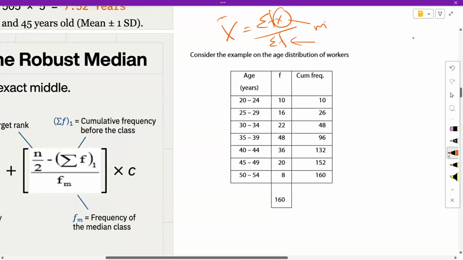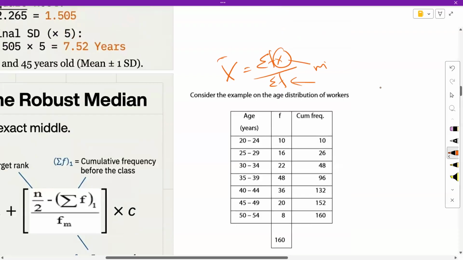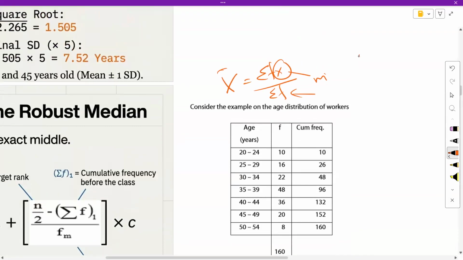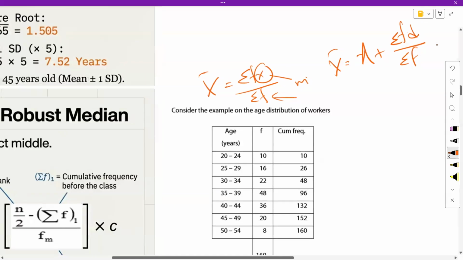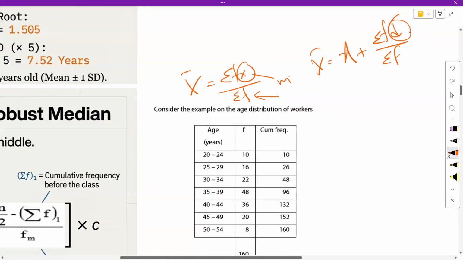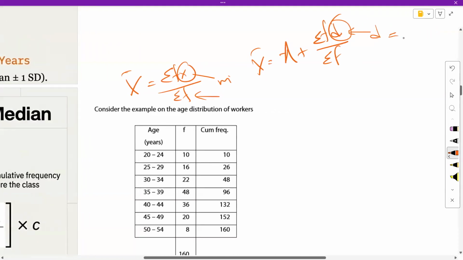That is one method. The second method uses an assumed mean: mean equals assumed mean plus sigma fd over sigma f, where d represents the deviation, x minus the assumed mean.